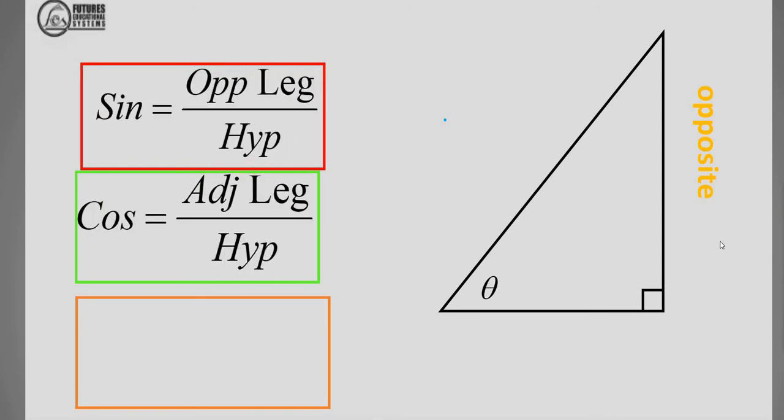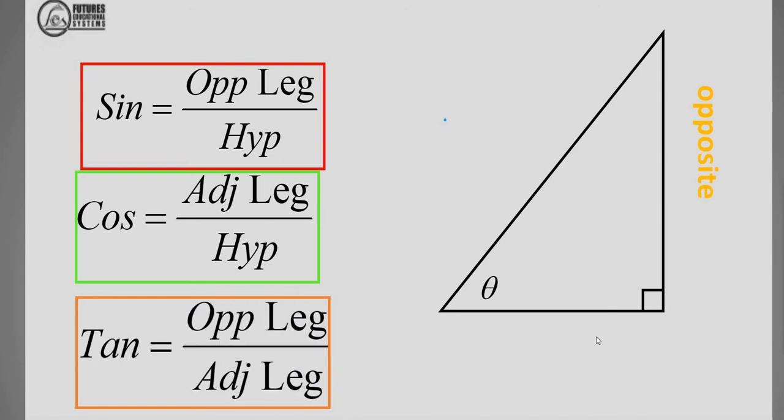Sine equals opposite over hypotenuse. Cosine equals adjacent over hypotenuse. But tan equals opposite over adjacent.